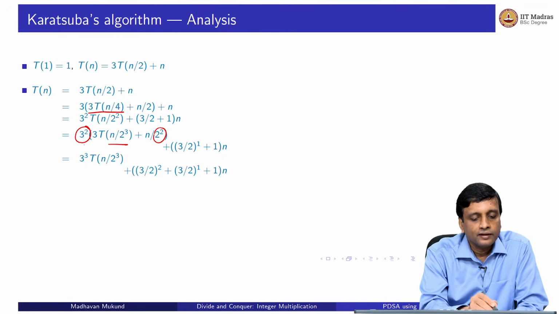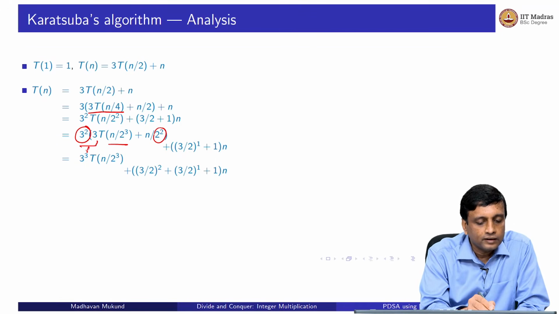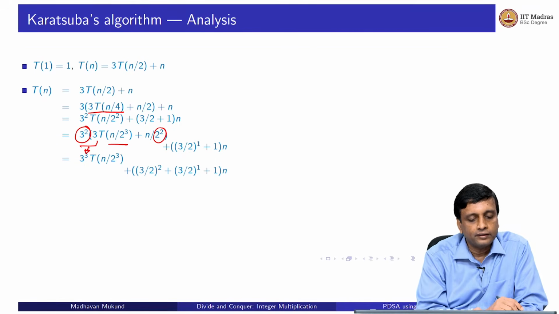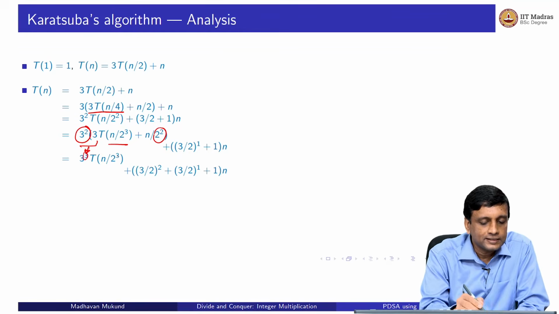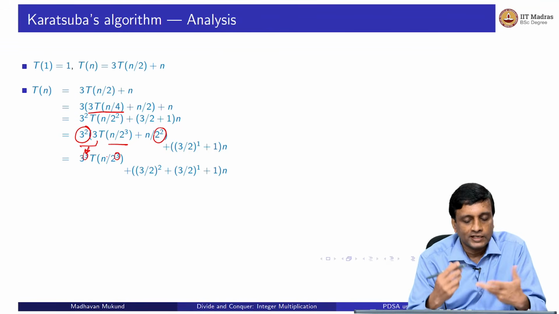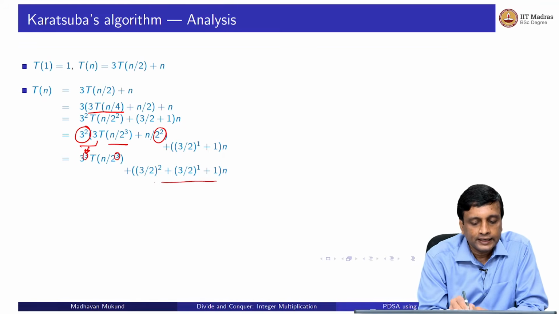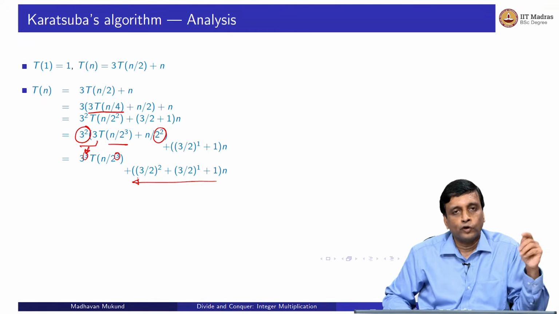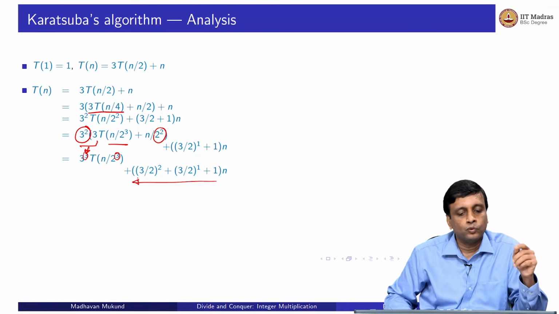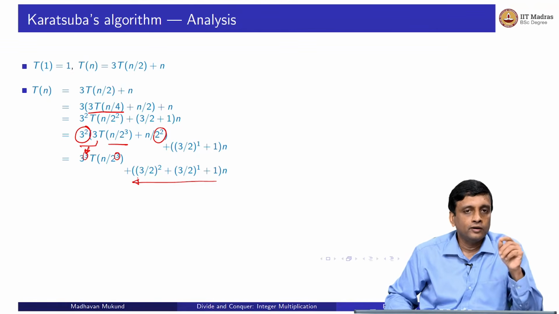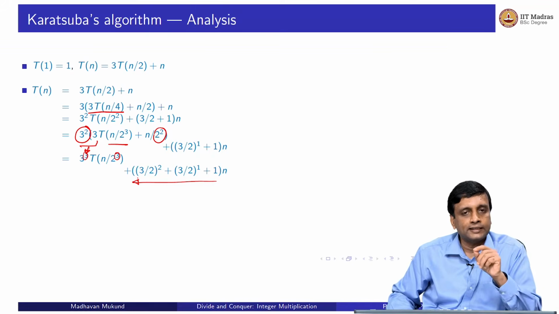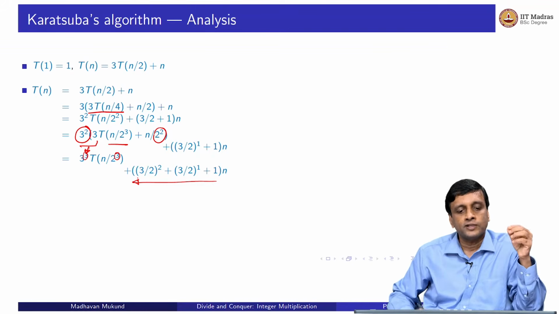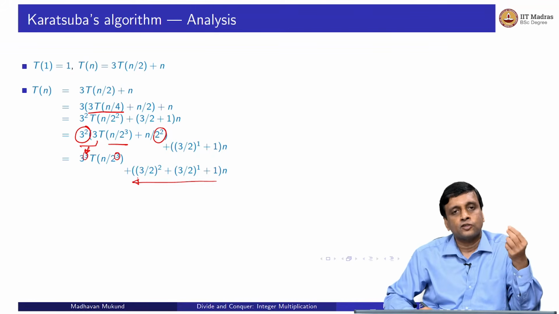So, I have this 3 into 3 squared, 3 cubed coming here. This power of 3 goes with the number of times I have expanded. And here I have again a telescoping sum, but earlier it was 1, 2, 4, 8 and so on. Now it is 1, 3 by 2, 3 by 2 squared. So, earlier it was 1, 2, 2 squared. That telescoping sum has come to 3 by 2 because I am only creating 3 copies instead of 4 copies.